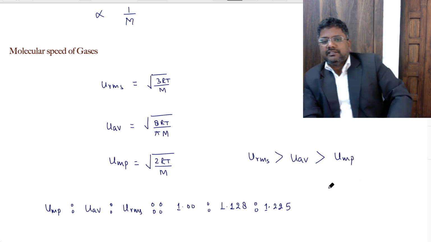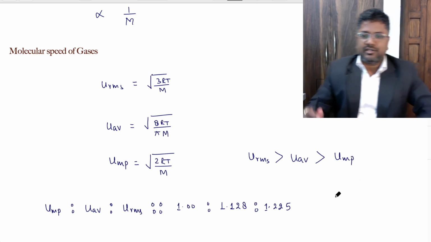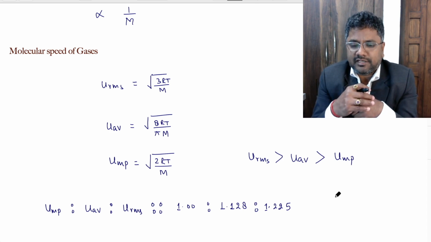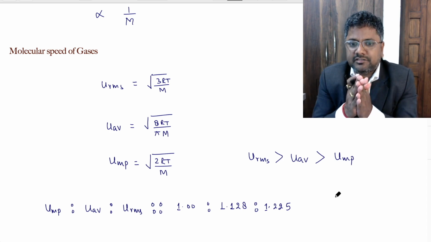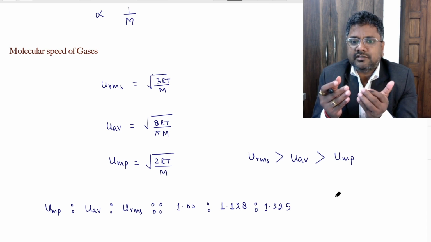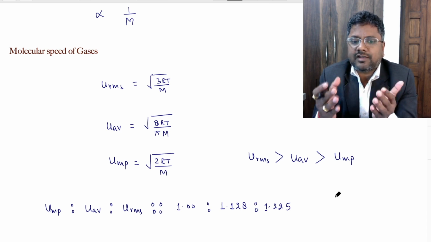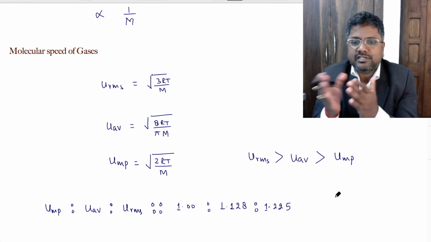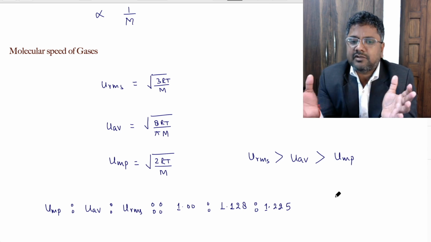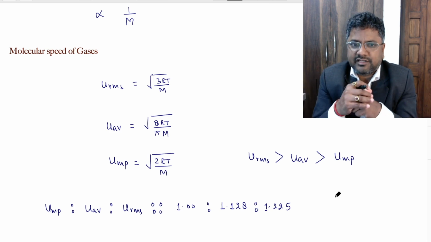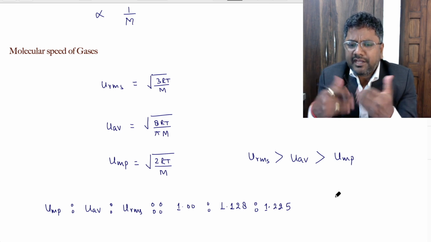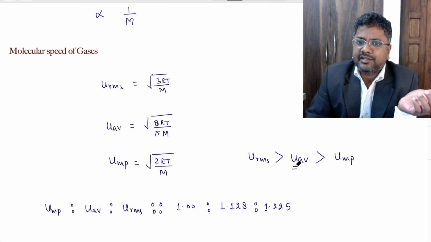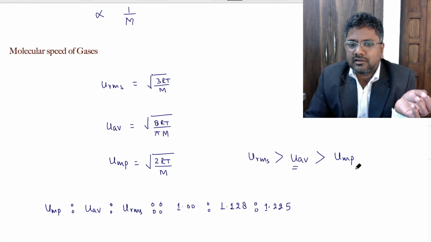So we can say that at a given temperature in a gaseous system, all molecules do not have the same speed. Some fraction of molecules have very large speed, a fraction of molecules have very less speed, and the maximum number of molecules have the average speed. In many calculations we always prefer average speed, not RMS, not most probable.